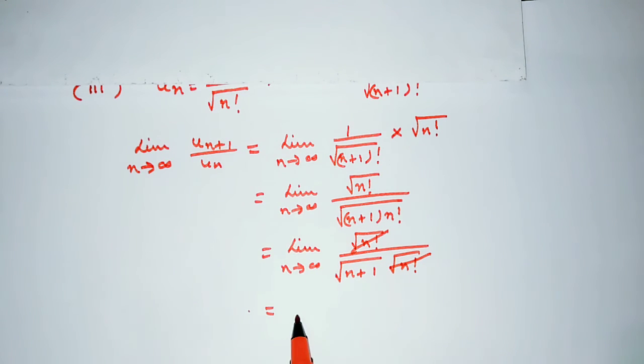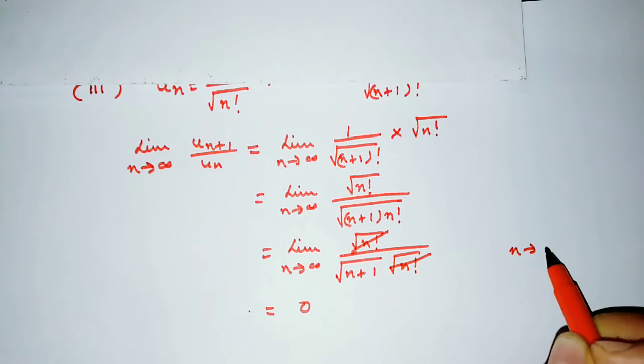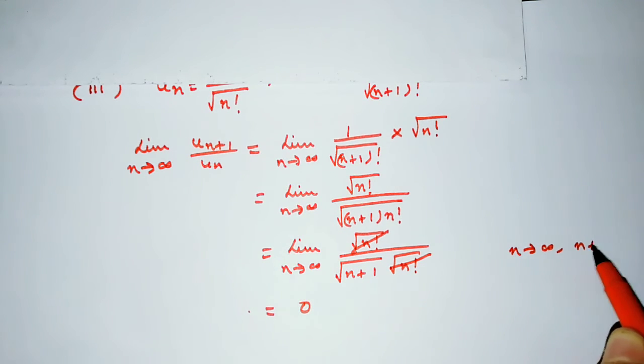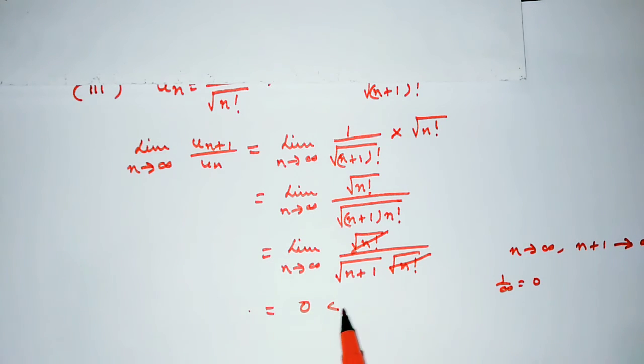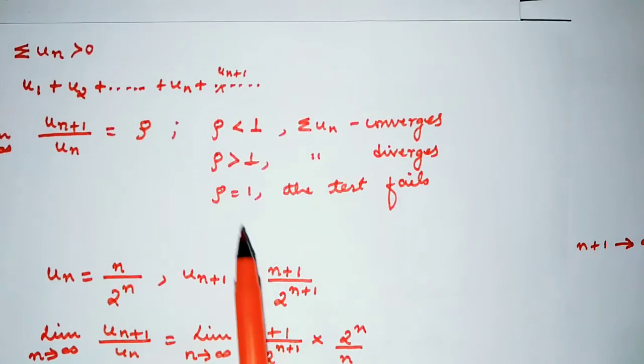Now as n tends to infinity, this term here will tend to 0. N tends to infinity, your n plus 1 would tend to infinity, and 1 by infinity is 0. So this one is less than 1. Now if rho is less than 1, then the series converges.